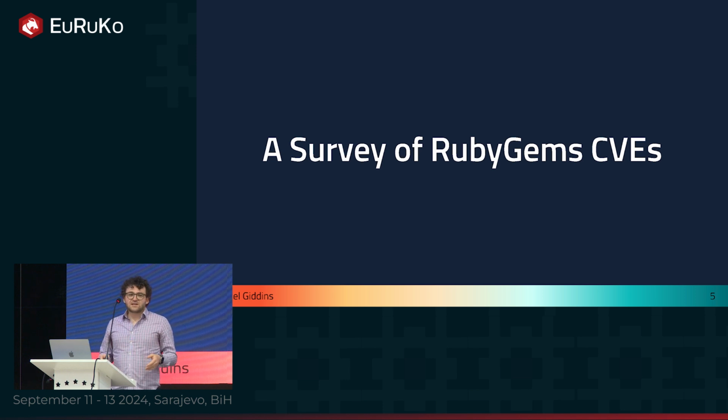And over the past few years, there's been a slow trickle of new CVEs that the team has announced, covering both RubyGems and RubyGems.org. And we'll take a quick tour through those vulnerabilities, talk a bit about their life cycle, and see the patterns that have started to emerge, and think a bit about what we can do to make things better going forward.